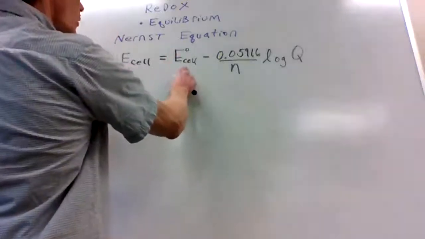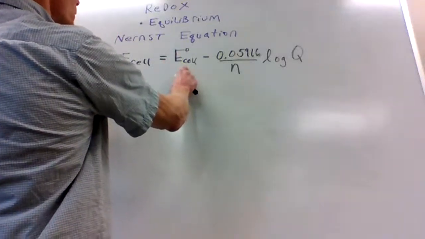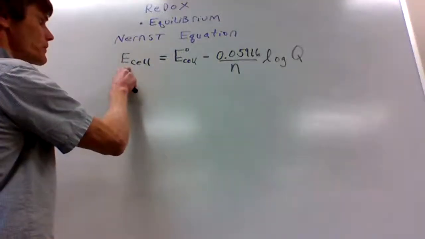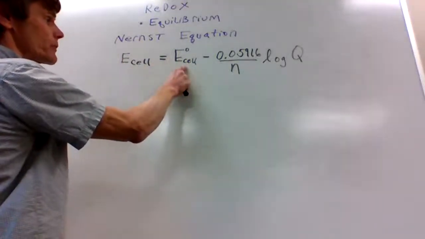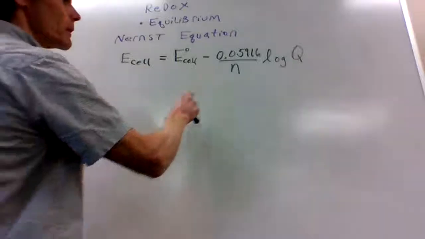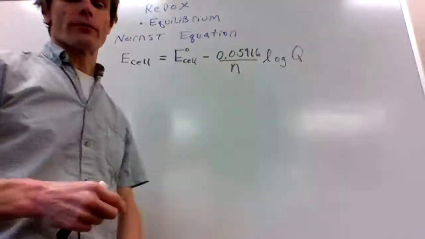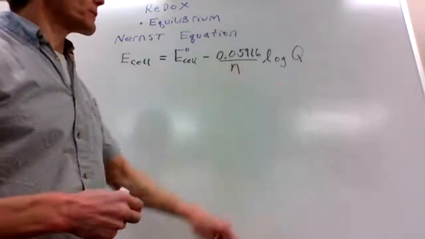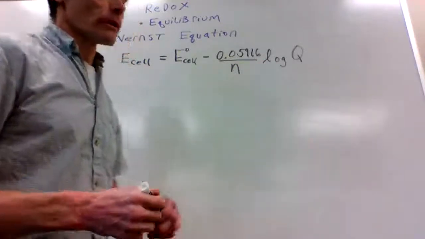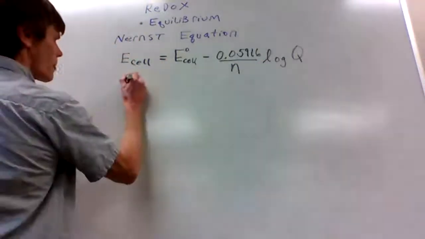There is a gradient of charge, which is reflected in the potential of our cell and the standard cell reduction potential. And there are also concentration issues that are taken care of in this half of our equation, the log Q value.